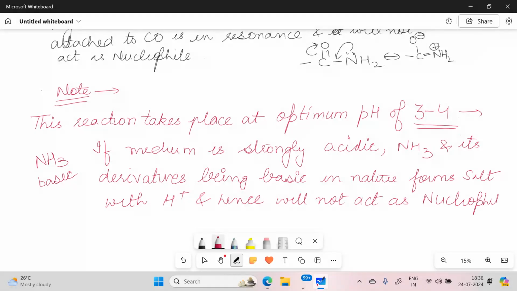So that is why this reaction takes place in the presence of weak acids or weakly acidic medium.